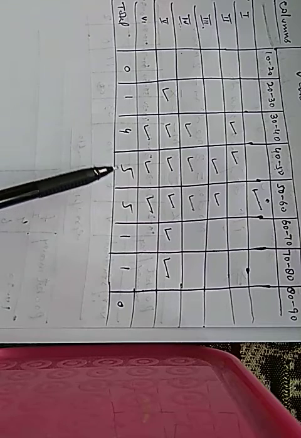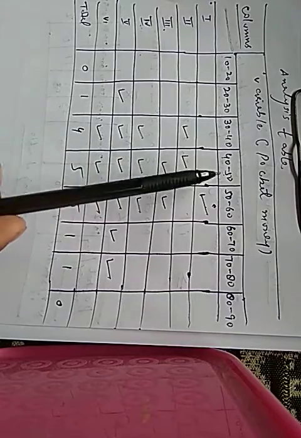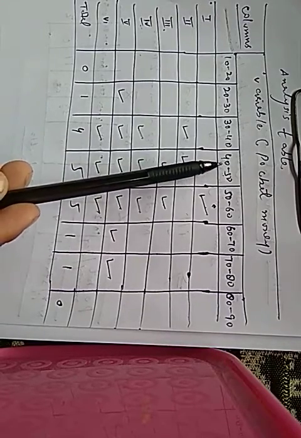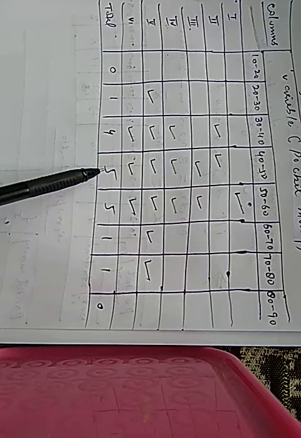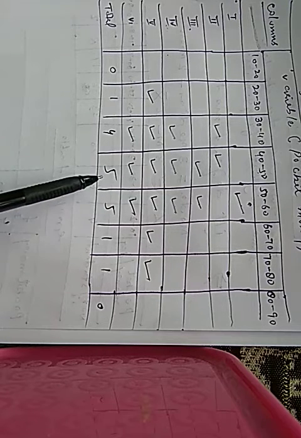On the basis of the analysis table, we cannot locate which one is the model class, because there are two class intervals, 40 to 50 and 50 to 60, having the same tick marks, equal to 5 and 5.